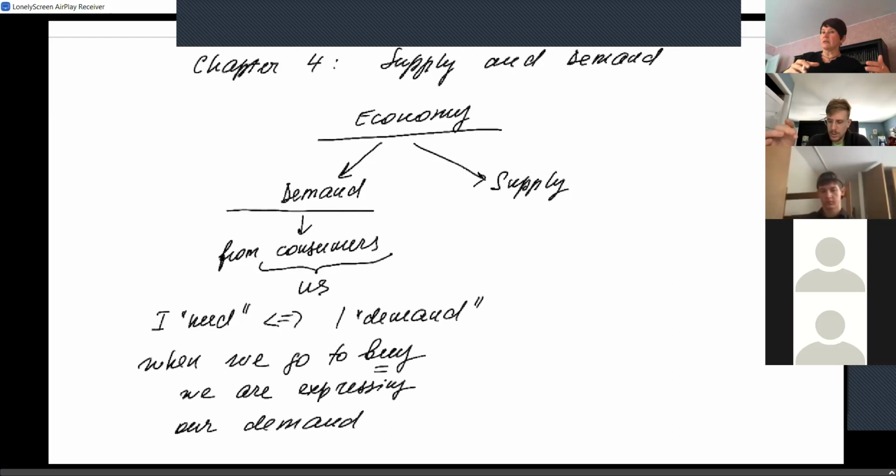The more often you go to a store, physical or virtual, like Amazon, the greater your demand for goods and services. The more seldom you go to a store, the lower your demand. But every time you say, I need, or actually get in the car and go to a store, you are expressing your demand.